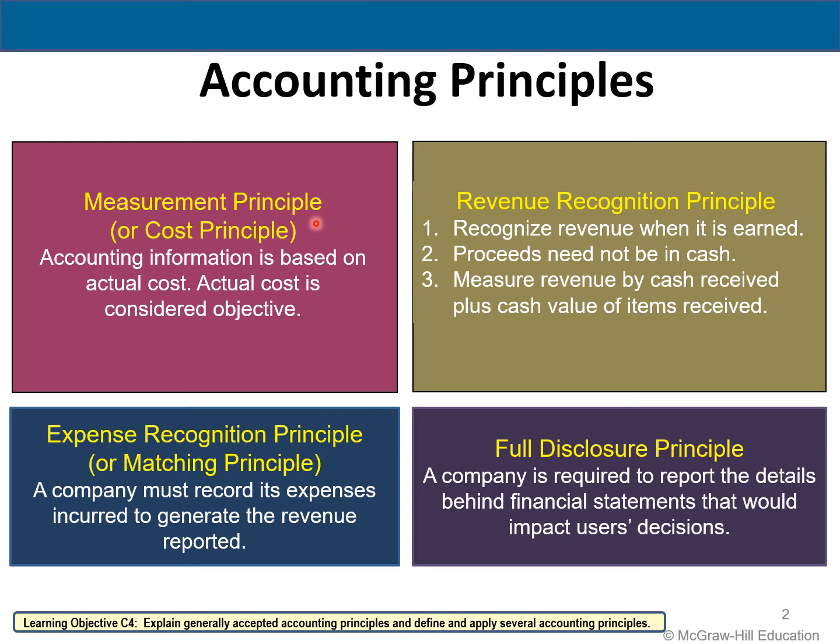The first is the measurement principle. In my textbook, back when dinosaurs roamed the earth, it was referred to as the cost principle. The cost principle really just means that the accounting system reports on what things cost, which is considered objective.